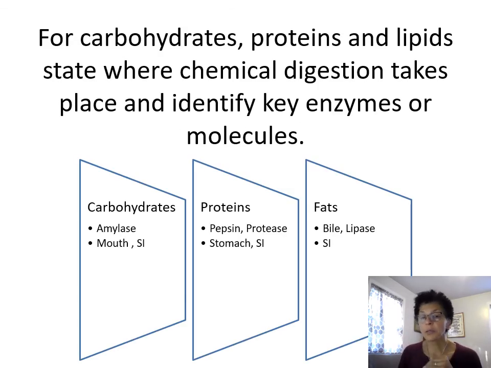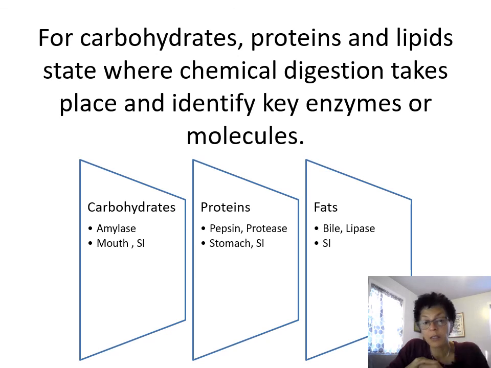Now with chemical digestion, we're going to go into a little bit more detail because we spent a lot of time in lecture on that. Chemical digestion of these three macronutrients starts in different places. Chemical digestion of carbohydrates starts in your mouth with salivary amylase. It will finish in your duodenum with pancreatic amylase.